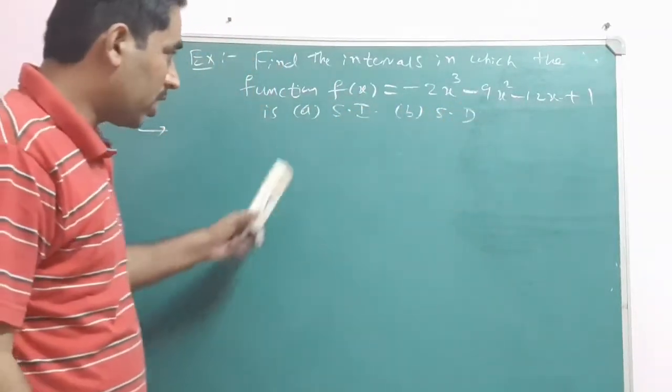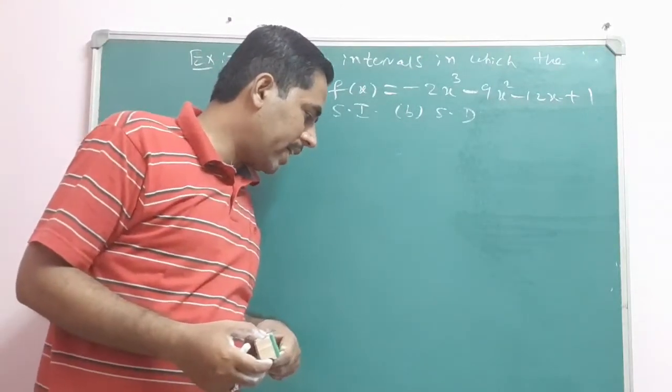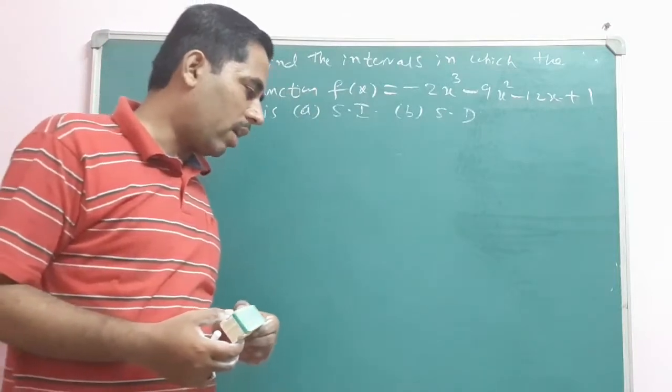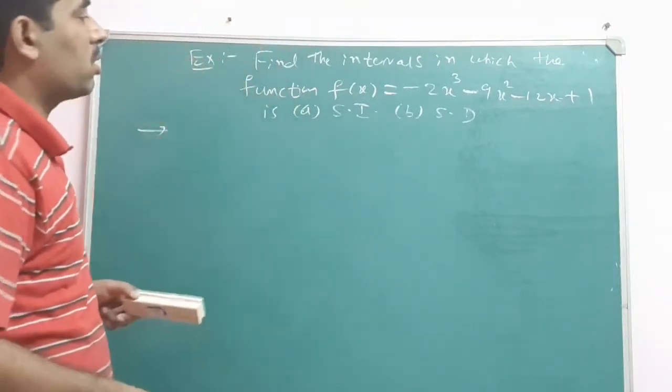See, the function given is minus 2x cube minus 9x square minus 12x plus 1. It is a similar kind of problem, so we can work out this one also.